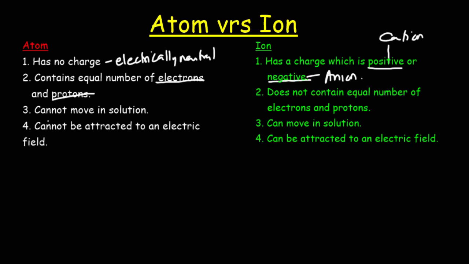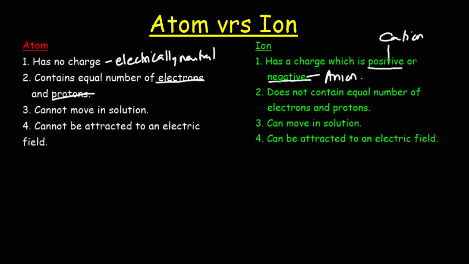Now, the third difference is that an atom cannot move in solution. Because the atom has no charge, it will not become mobile, and so it will have no tendency to move in solution. Generally, an ion has the ability to move in solution.